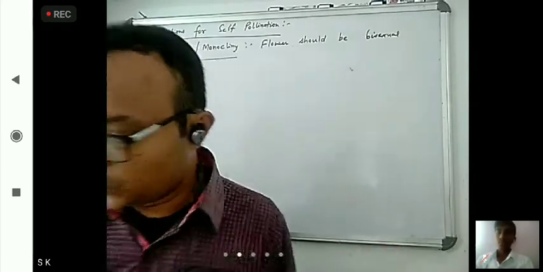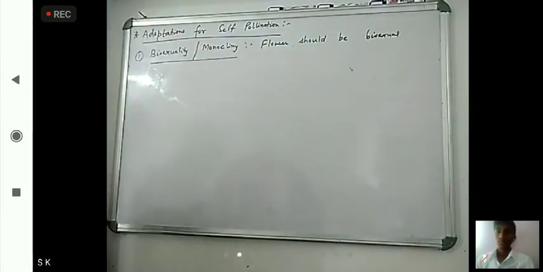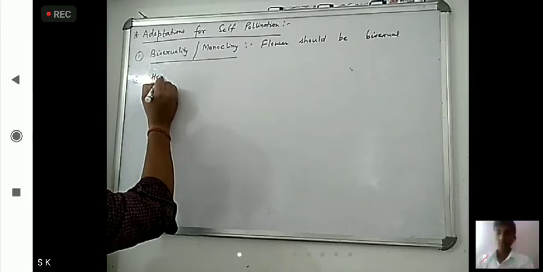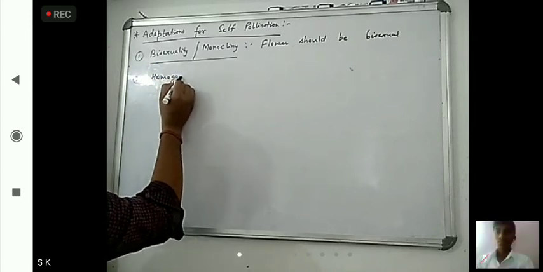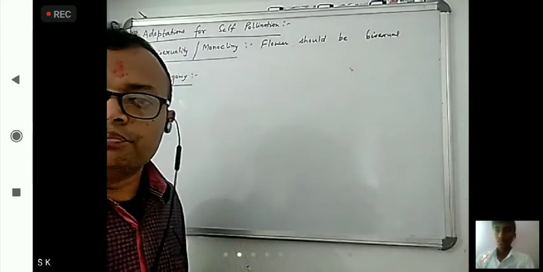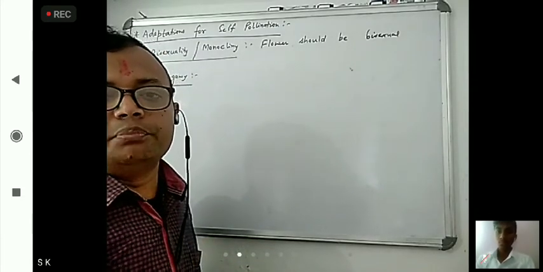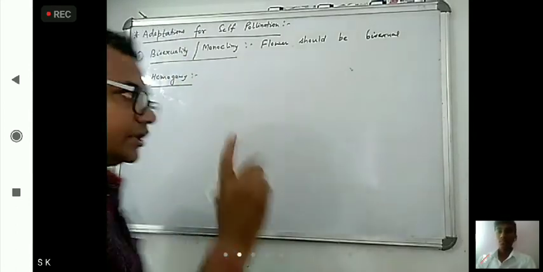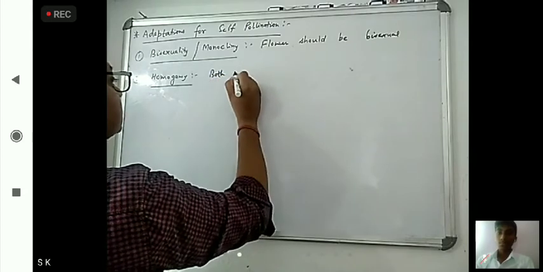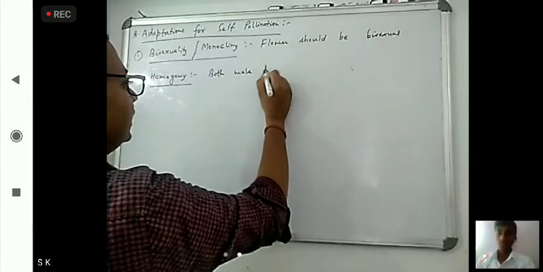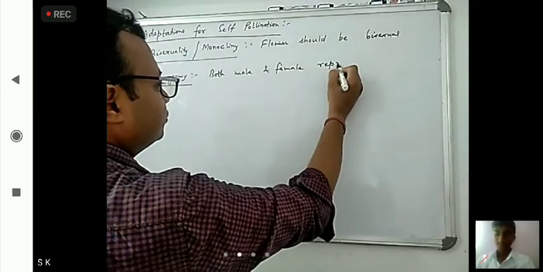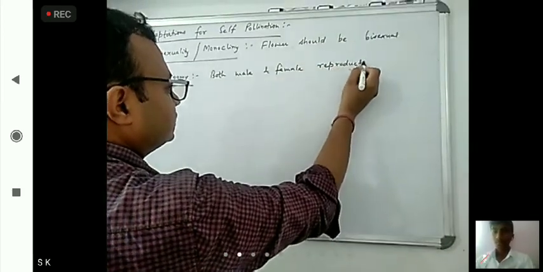Okay. Now, next is homogamy. Homogamy means both reproductive organs, male as well as female, should mature at the same time.